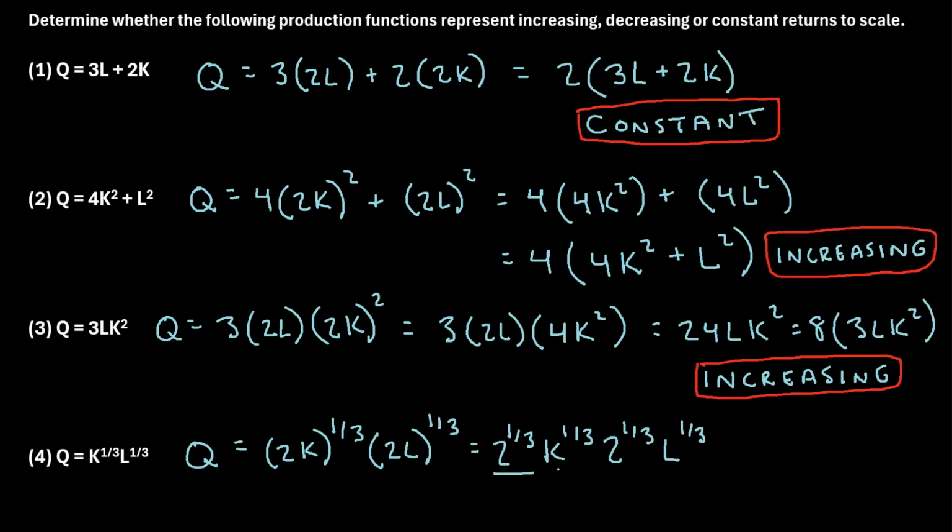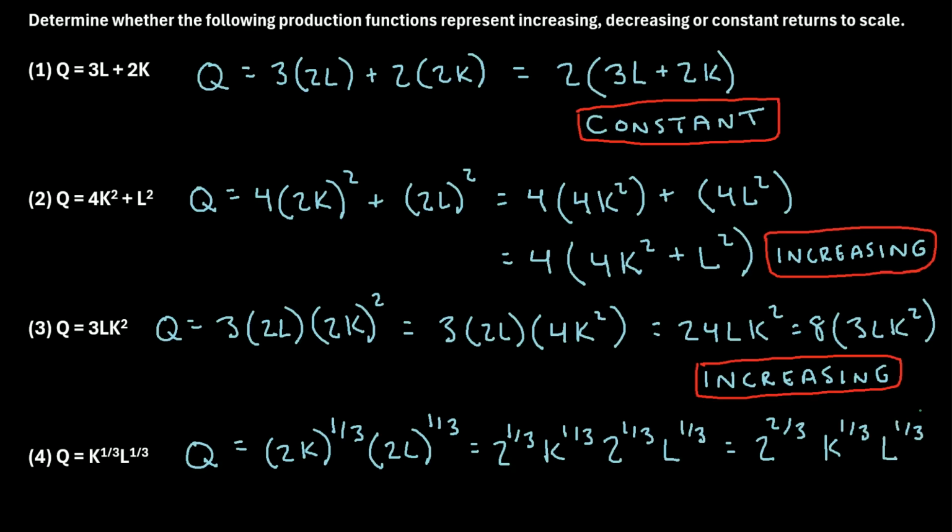Now when we have 2 to the 1/3 times 2 to the 1/3, we can just add the exponents here. So 1/3 plus 1/3 is 2/3. So really this is 2 to the 2/3 times K to the 1/3 times L to the 1/3.